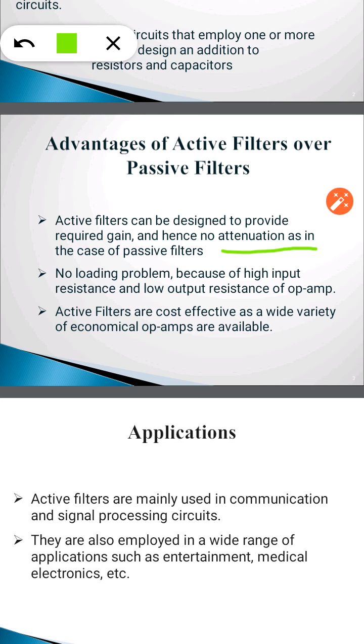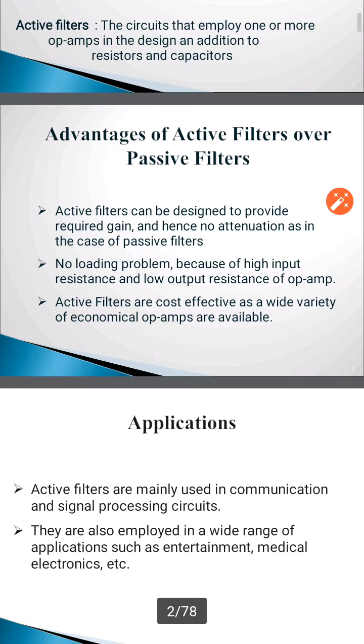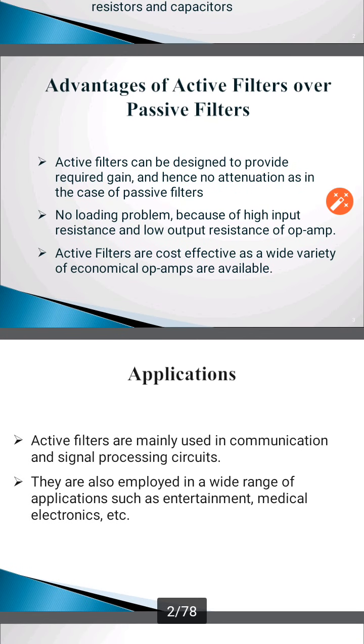At the same time, we know the properties of op-amp, that op-amp has high input impedance and low output impedance. This property will be there in the active filter, which will avoid the loading effect. These active filters are also cost effective due to the use of op-amps.